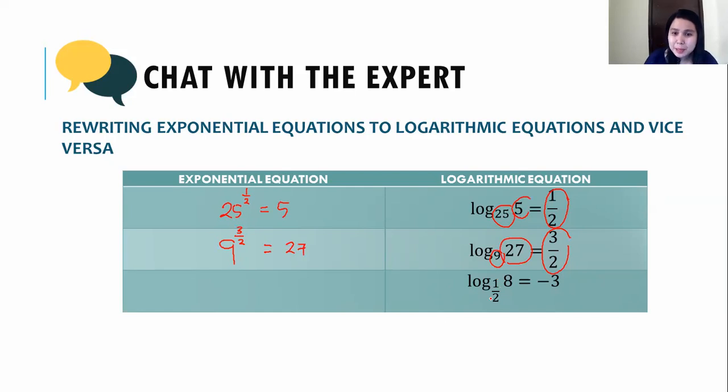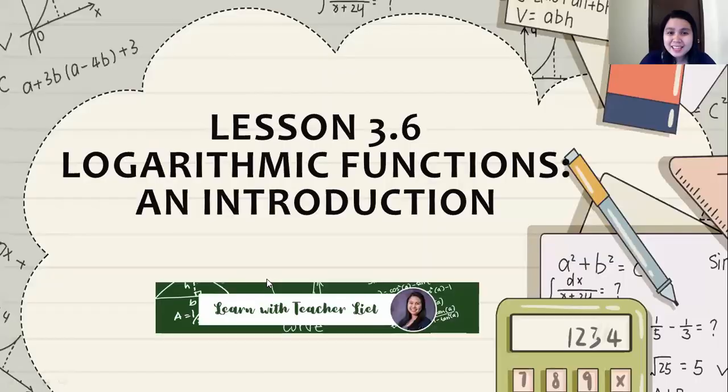Next one, base first, 1/2, the exponent to the power of negative 3 equals the anti-logarithm 8. Let's know the answer. Any questions before I go to the next topic?